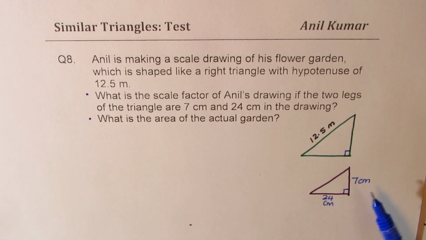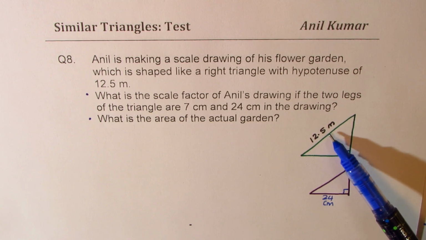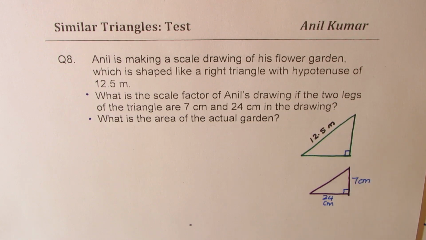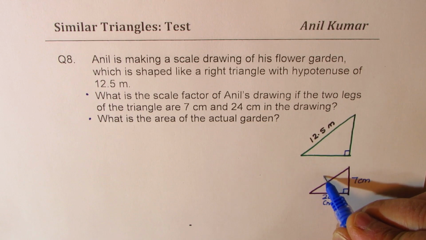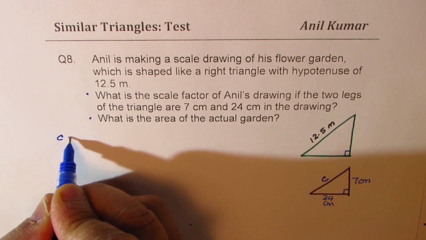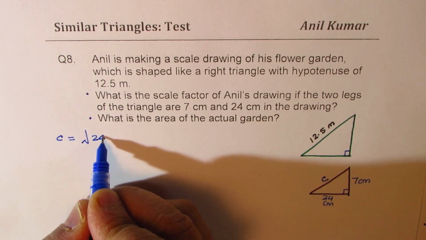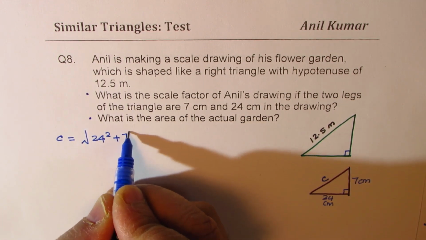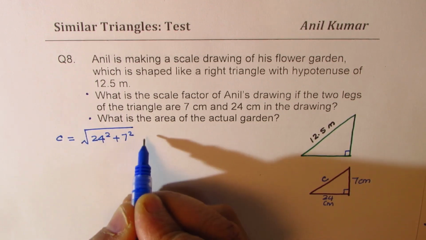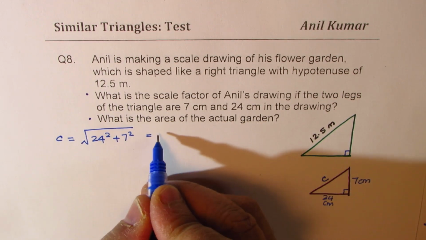That is first thing which we need to find. Okay. So to find the scale factor, we know the hypotenuse of the bigger triangle, the actual one. Let's find the hypotenuse of this. So let's call this as C, the side C. So C for us is equal to square root of 24 square plus 7 square. Now these dimensions are very interesting. If you know the Pythagorean triples, you will know that C should be 25.